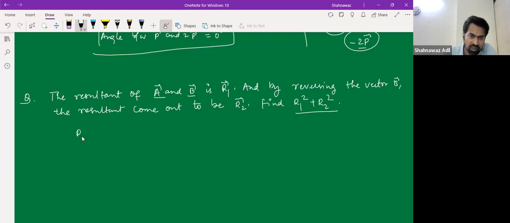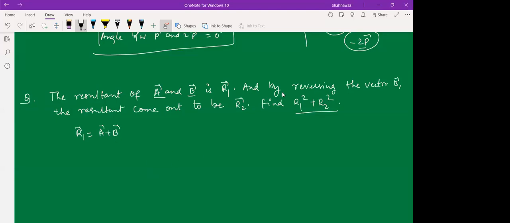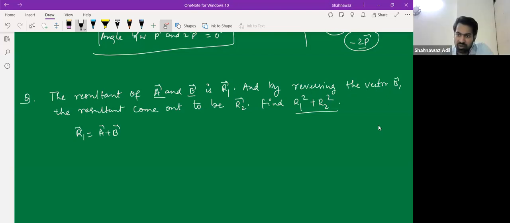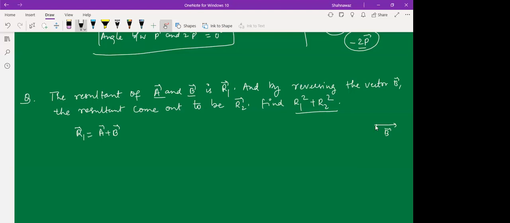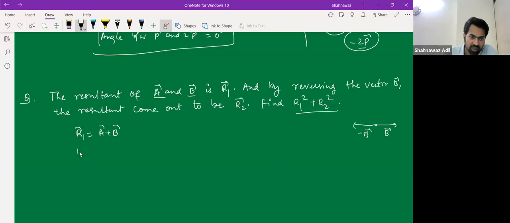So R1 is A plus B, right? Yes, sir. And by reversing the vector B, we have minus B. So the resultant of A and minus B would be A minus B, right?